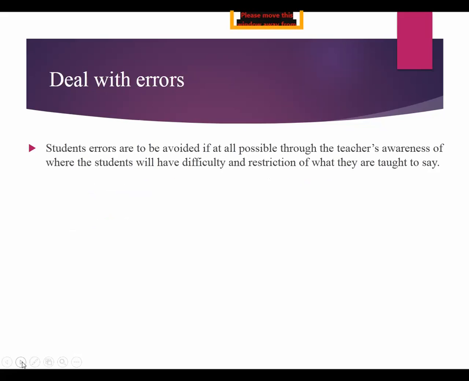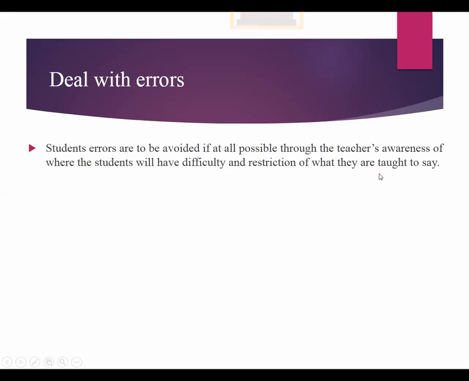And how we can deal with the errors in this method, as I've just mentioned before as well, okay, errors are not tolerated. The students' errors are to be avoided if at all possible through the teacher's awareness of where the students will have difficulty and restriction of what they are taught to say.